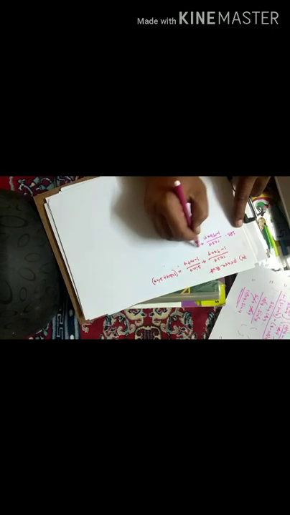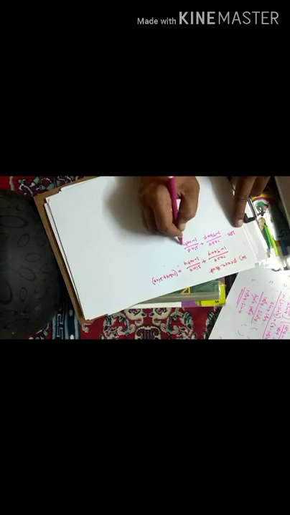This is my question. You want to prove cos theta by 1 minus tan theta plus sin theta by 1 minus cot theta is equal to cos theta plus sin theta. If you go for the LHS, what is LHS? Cos theta by 1 minus tan theta plus sin theta by 1 minus cot theta.